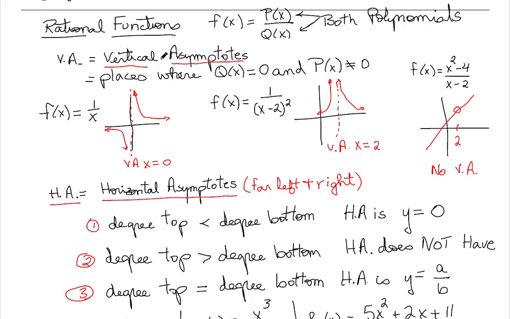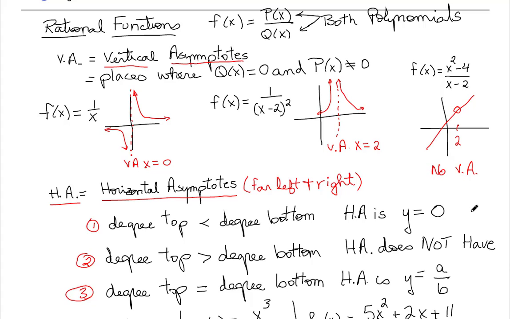So again, a vertical asymptote where the graph runs off to infinity happens where the bottom is 0 and the top is not. If both are 0, what typically happens is we have a blowout. There's just one spot that's not defined.